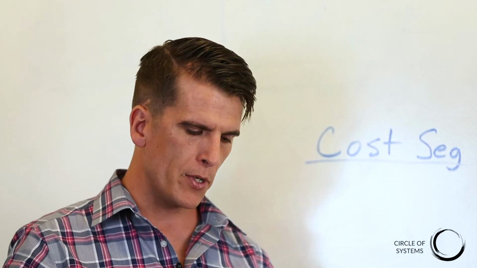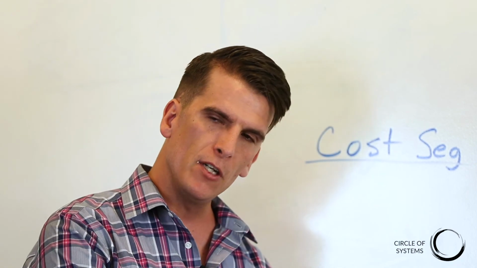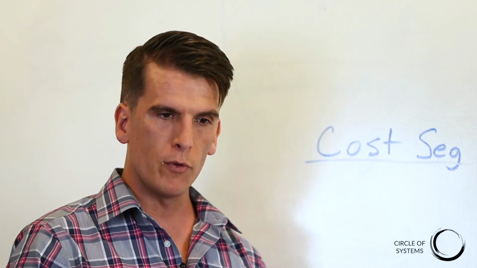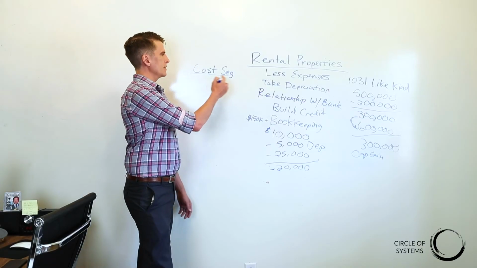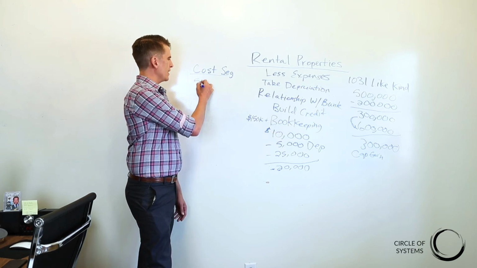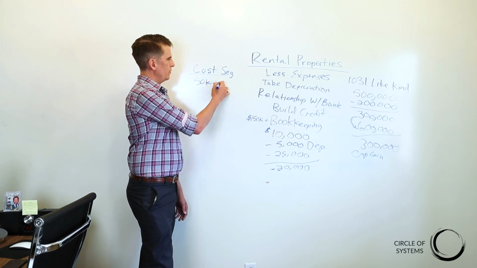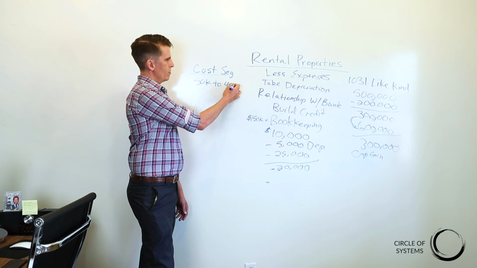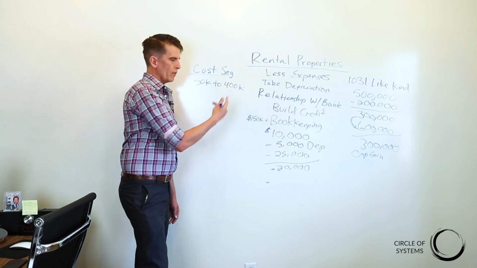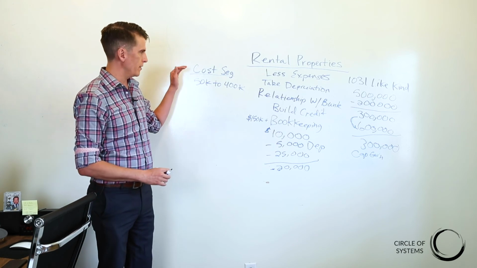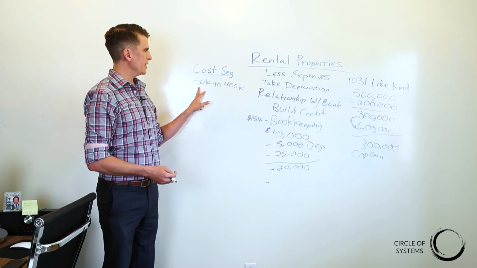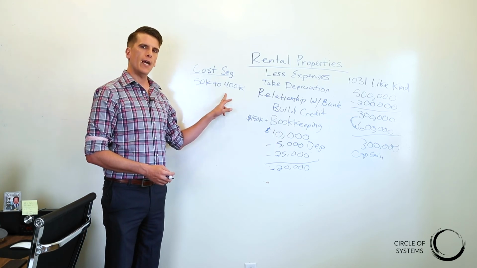So we're going to depreciate the 5 to 7 year stuff over 5 to 7 years. So it might raise your depreciation from 50K to 400K. Those numbers, obviously, are not exact, but it's a huge difference between a 50K write-off and a 400K write-off.